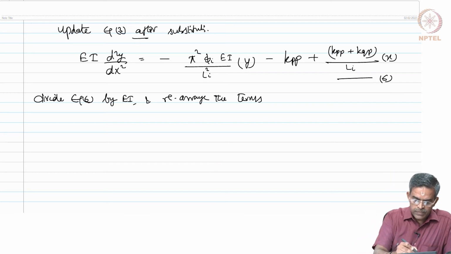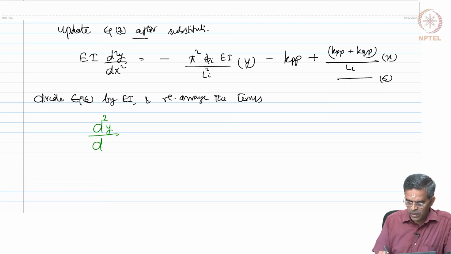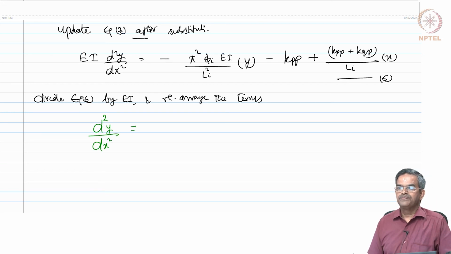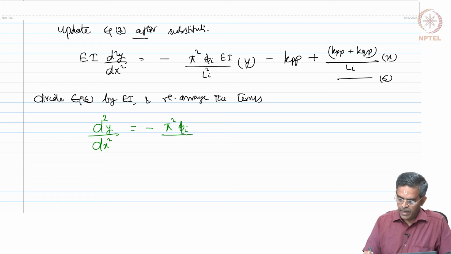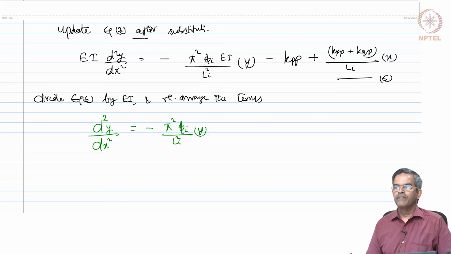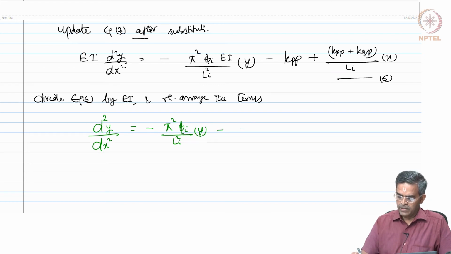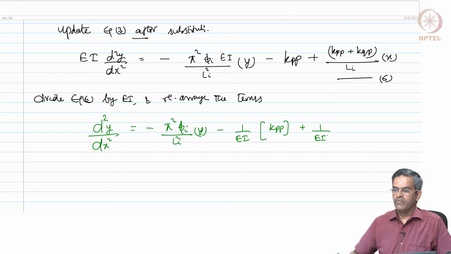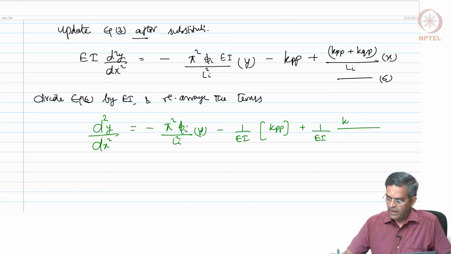If I do that, I will get this equation now, which is d square y by dx square is equal to minus pi square phi I by Li square of y minus 1 by EI of KPP plus 1 by EI of KPP plus KQP by Li.